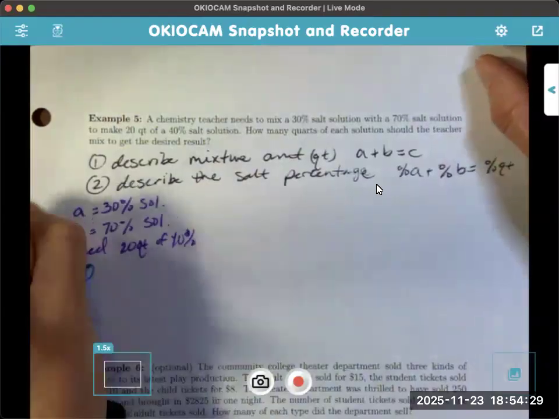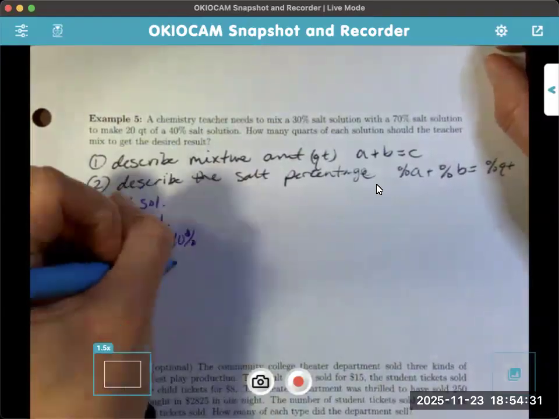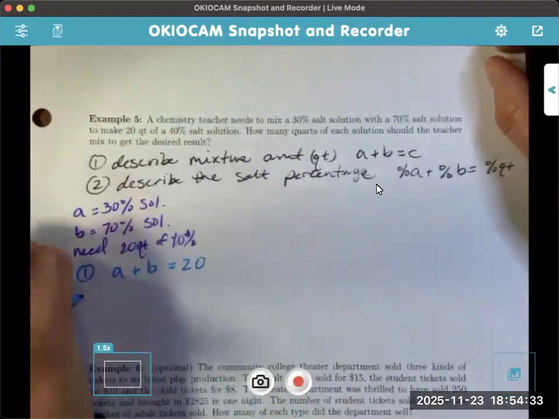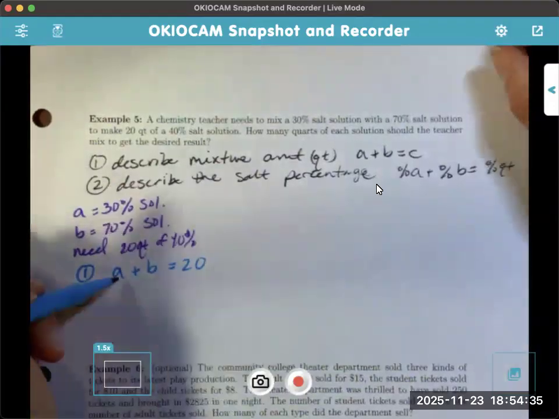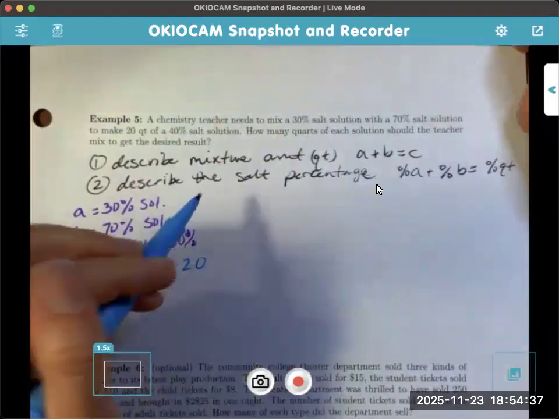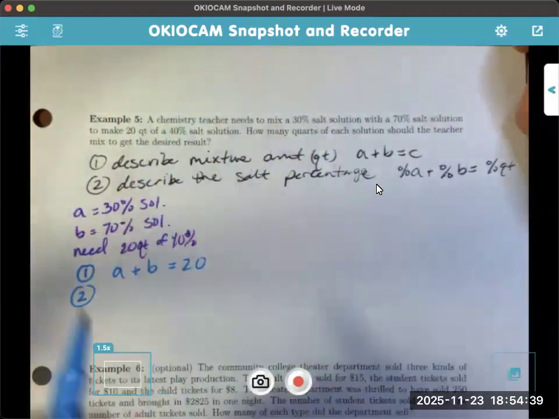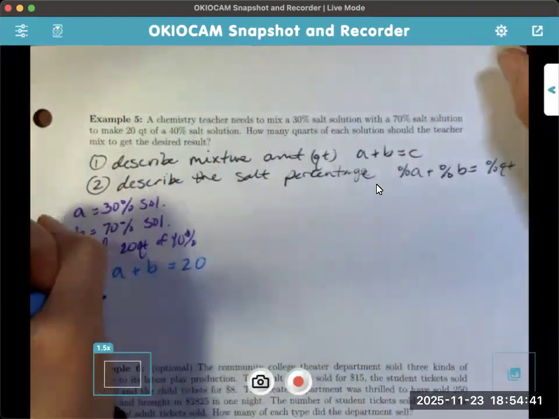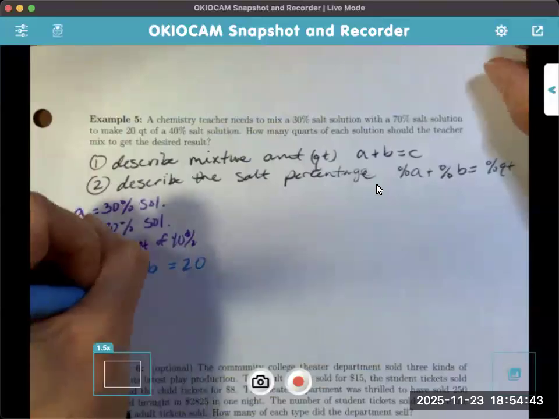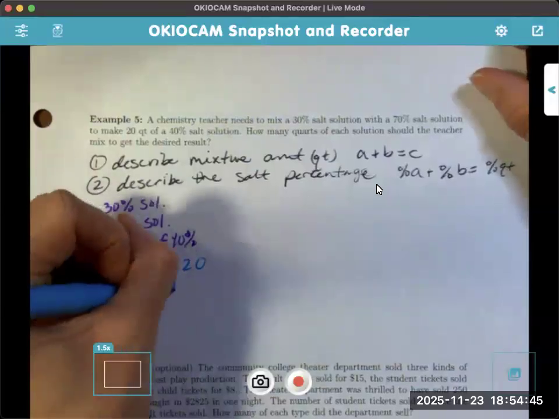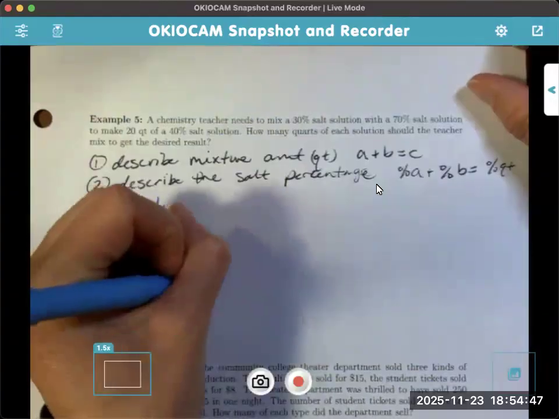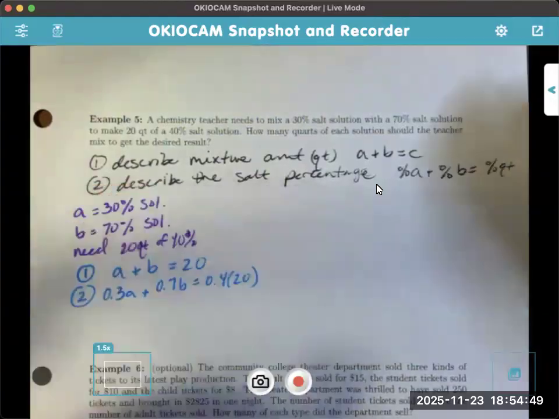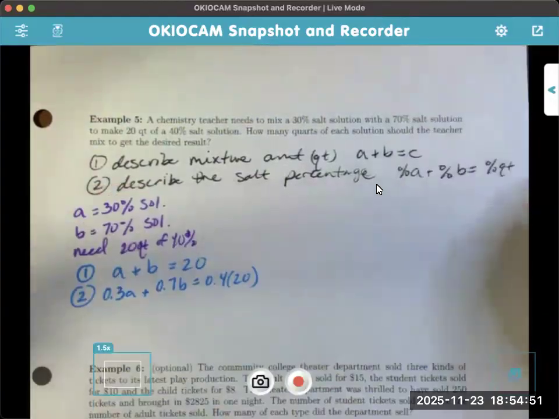All right, so 1 is just A plus B equals 20. 2, essentially, you take A and then you just slap on the respective percents. That is it. So this is 0.3A plus 0.7B equals 0.4 times the 20. That is your equation.